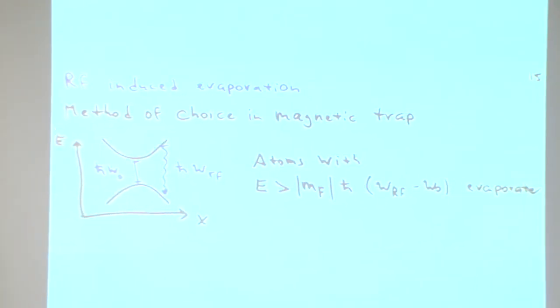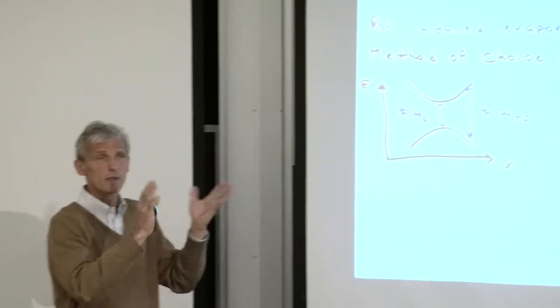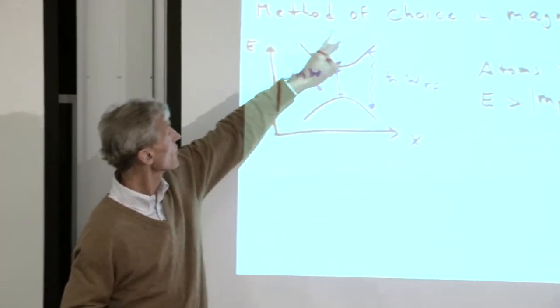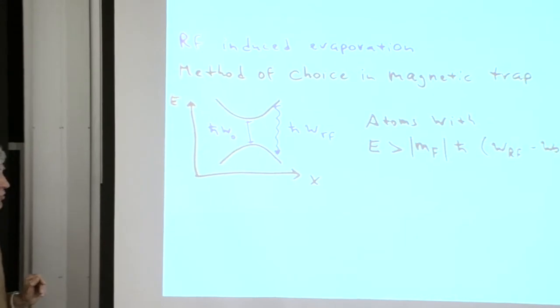One is just to lower the magnetic fields, but that is pretty bad because it weakens the magnetic trap, and if you weaken the trap, you lower the density, and therefore the elastic collision rate slows down. So what turned out to be by far the superior choice is to remove atoms with RF-induced evaporation.